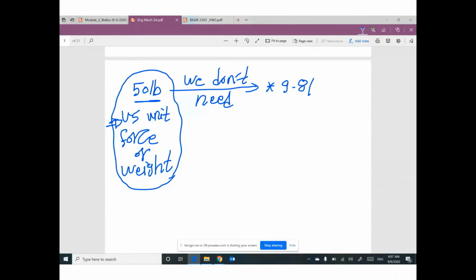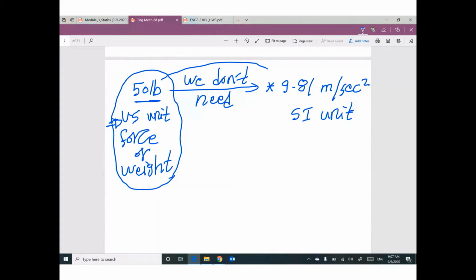We don't need to multiply it by 9.81, and it doesn't make any sense because 9.81 is the acceleration of gravity in meter per second square. That means it's in SI unit. Some student in homework number 2 did this, multiplied 50 or whatever the force by 9.81.